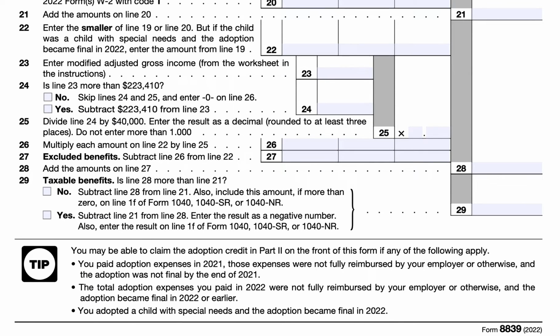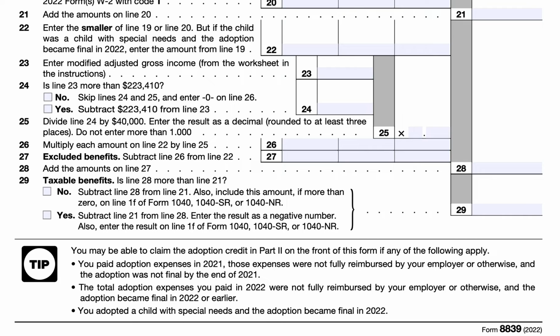You may be able to claim the adoption credit in Part 2 on the front of this form if the following apply. Again, if you paid adoption expenses in 2021, but those expenses were not fully reimbursed and the adoption was not final by the end of 2021, you may claim those expenses in 2022.